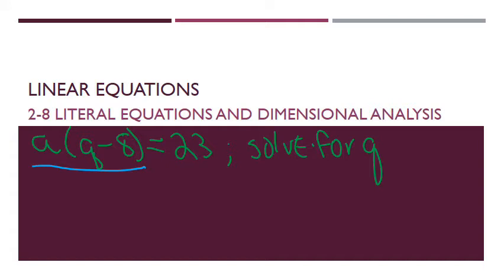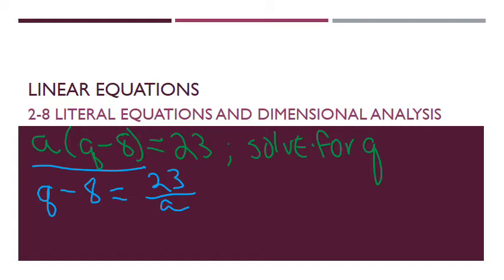But what I can do is start off by dividing both sides of this equation by a, because this is just a times q minus 8. If I do that, then I'm going to be left with q minus 8 equals 23 over a.